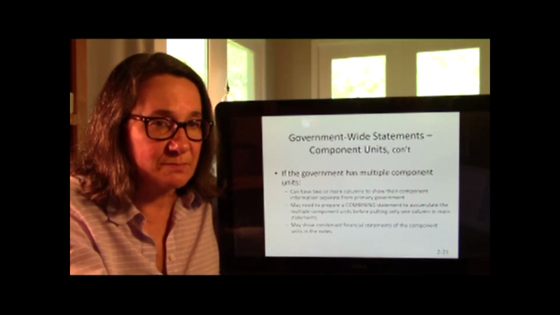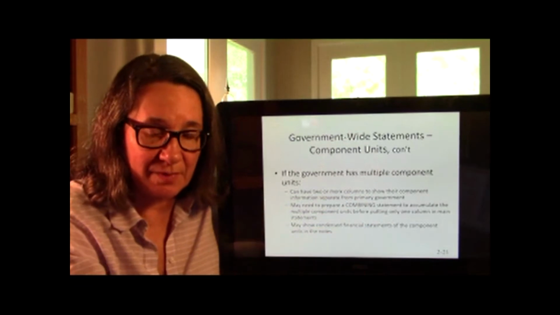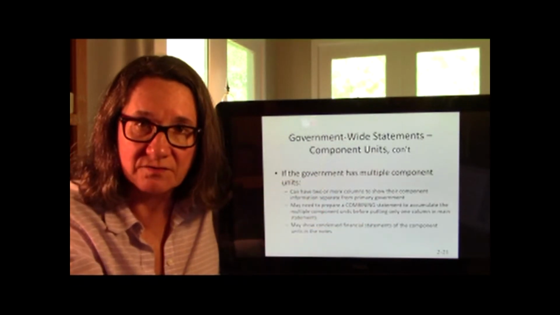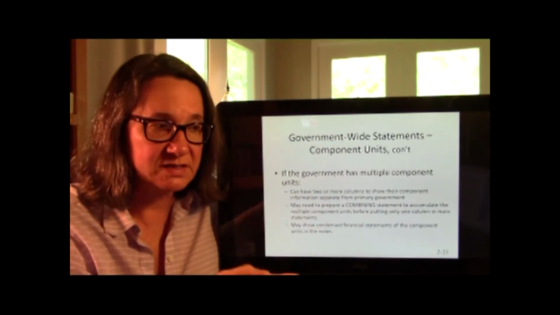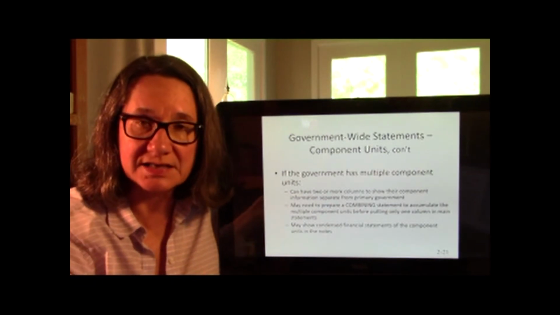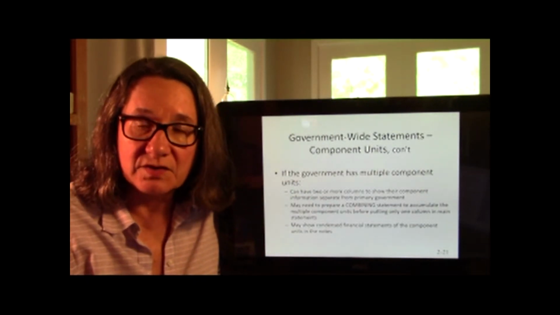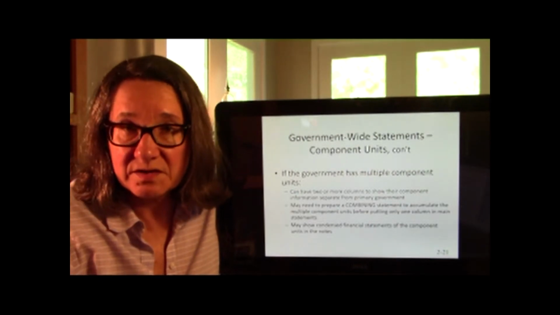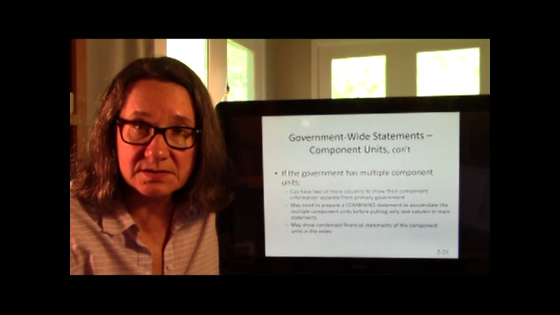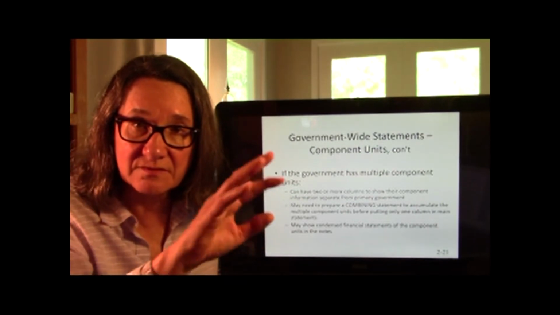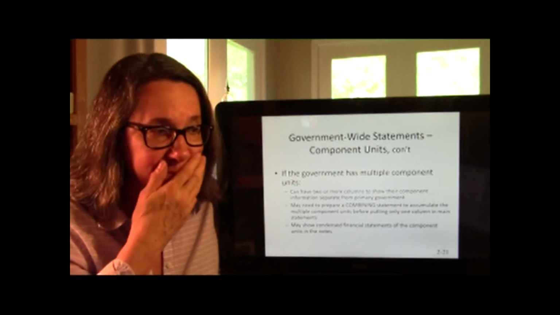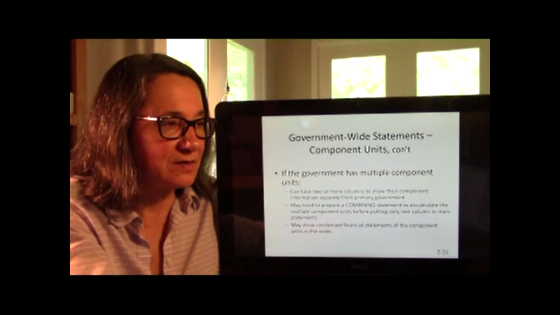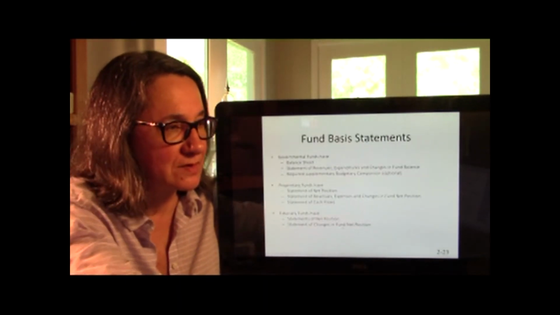When they combine components into one column like that, at the end of the financial statements there'll also be what's called a combining statement. So if you get out that Texas financial statement that's in Blackboard and go to the very end of it, you would be able to see the separate university systems and their financial information and how they combine it. So you can see those condensed financial statements.